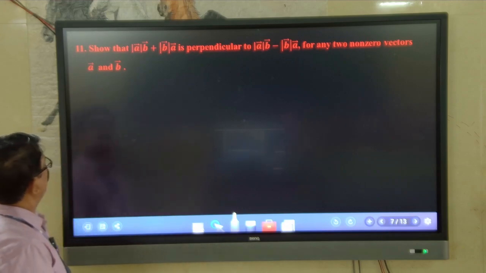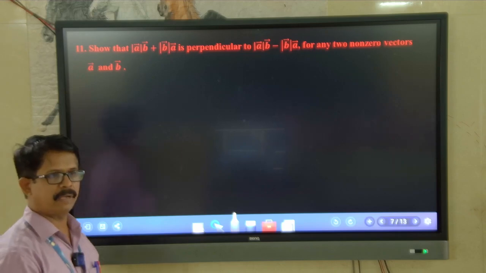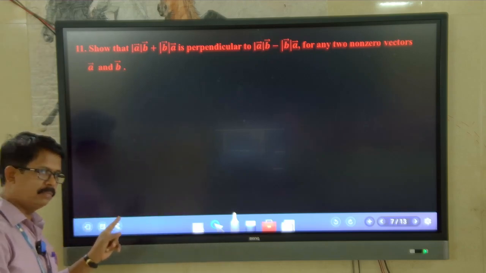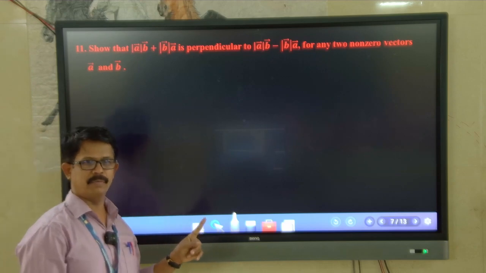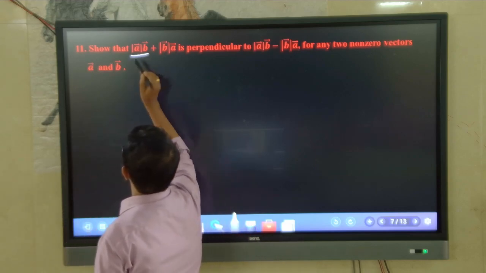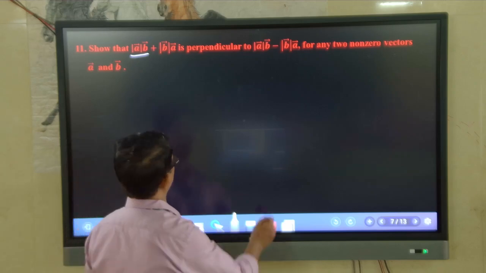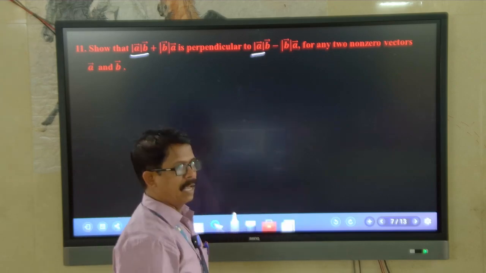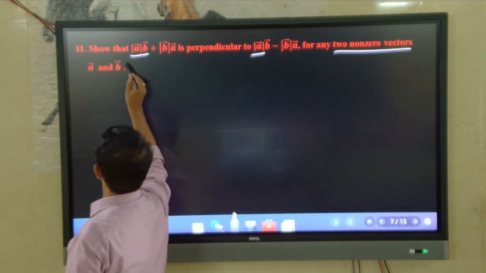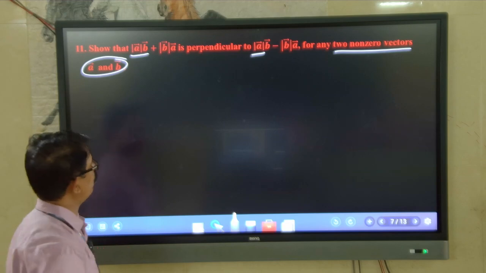Show that magnitude of a × b vector plus magnitude of b × a vector is perpendicular to magnitude of a × b minus magnitude of b × a for any two non-zero vectors a, b, which means not equal to 0. Can I go next? Yes.